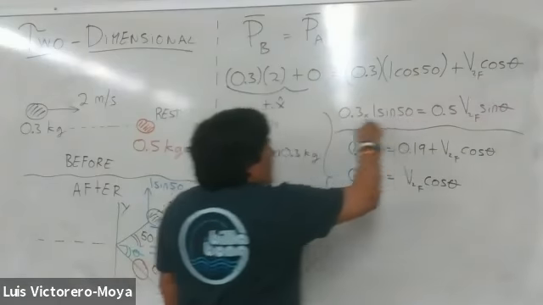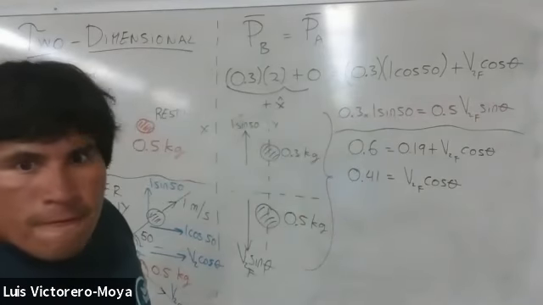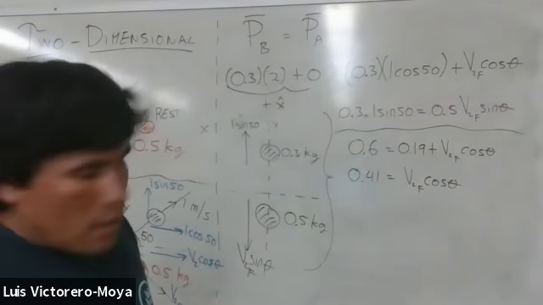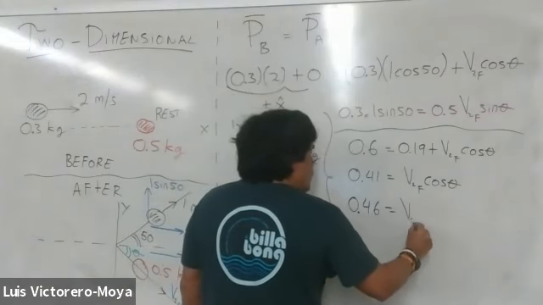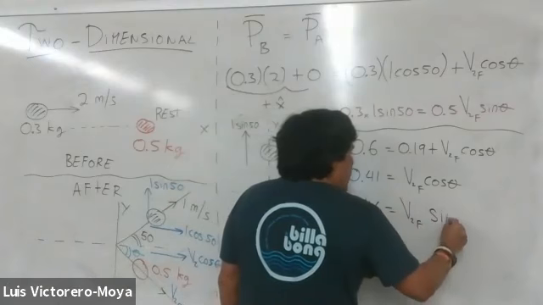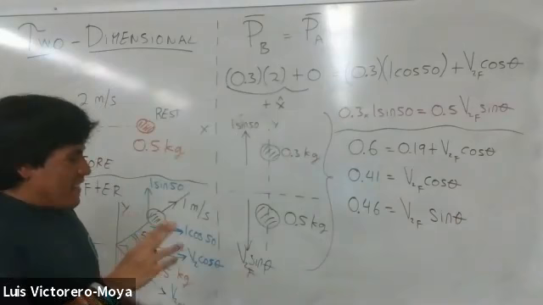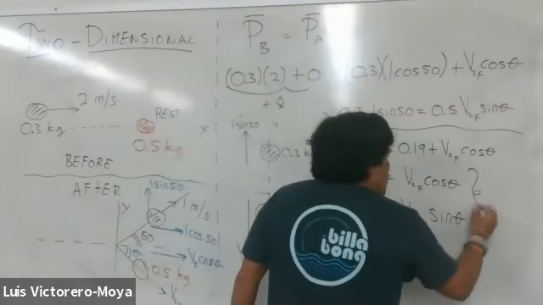And this one here will be sine 50 times 0.3 divided by 0.5, 0.46. So what happens? I get 0.46 equals V2 final sine theta. Two variables, two equations, and that's perfect. That's the perfect setup because I can divide these equations.